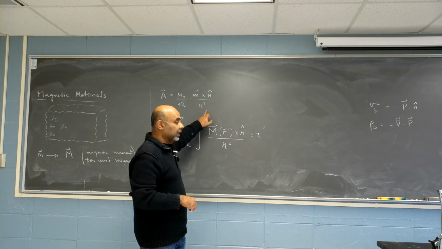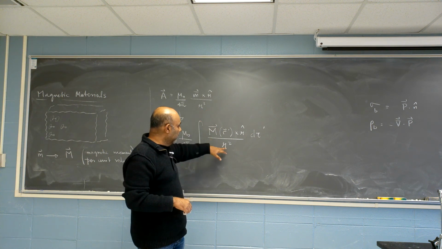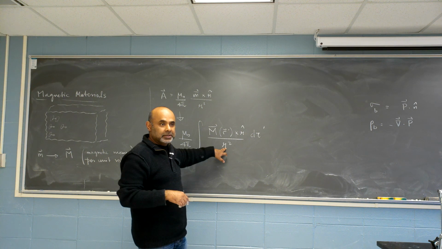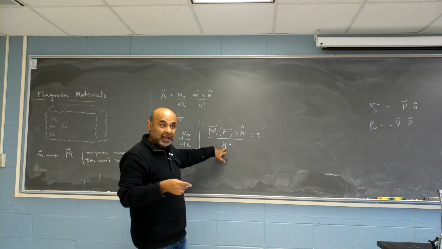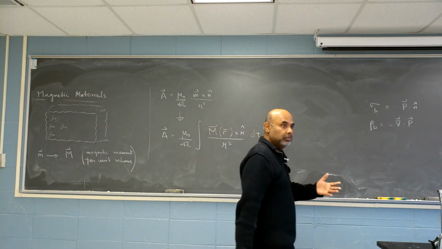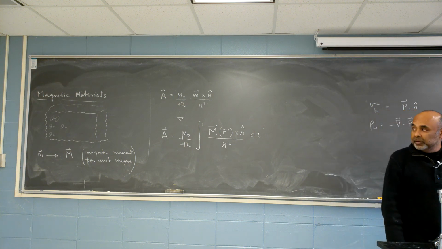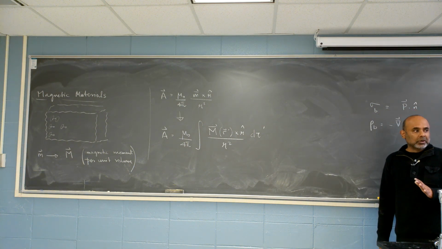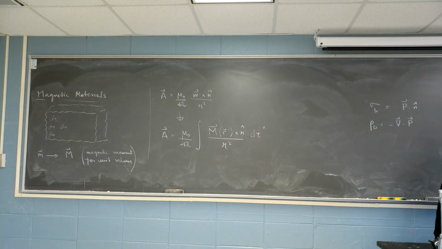In the case of electrostatics, it was 1 over R, it's 1 over R squared here. That is because it has a dipole. There's no monopole term. From here, whatever it is we're about to do, it's going to look like electrostatics, but the curl, cross product version of it, where here it's divergence.